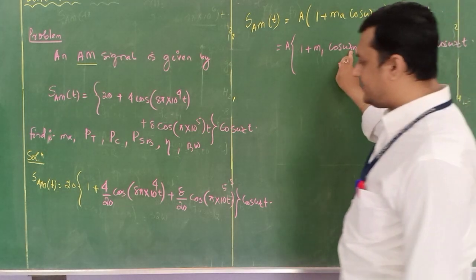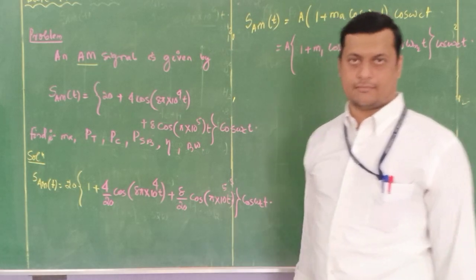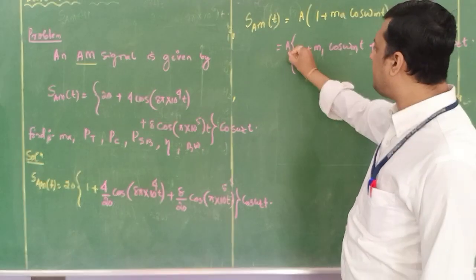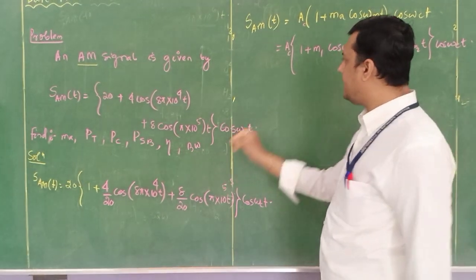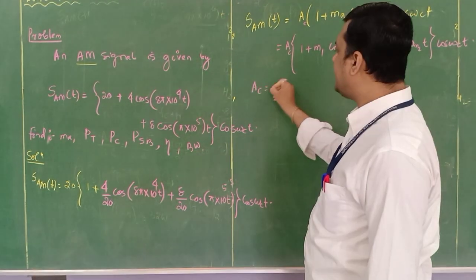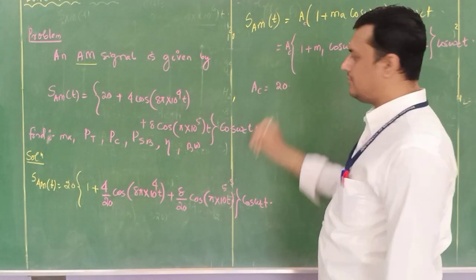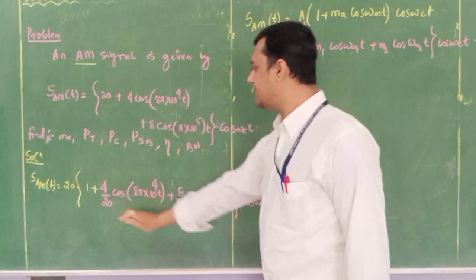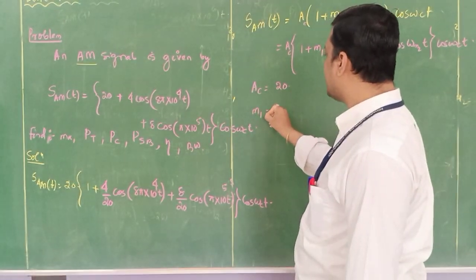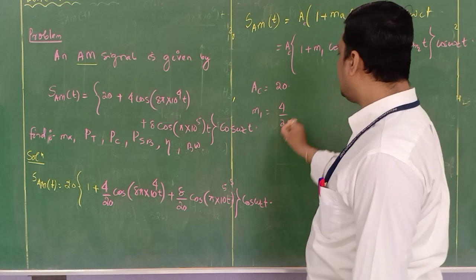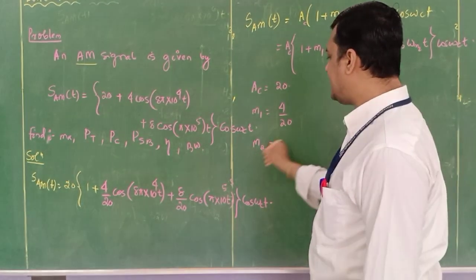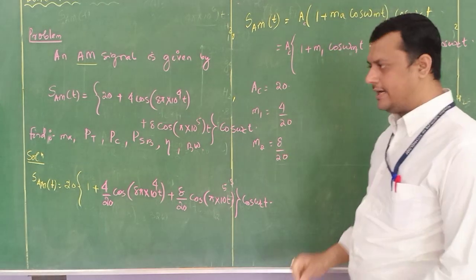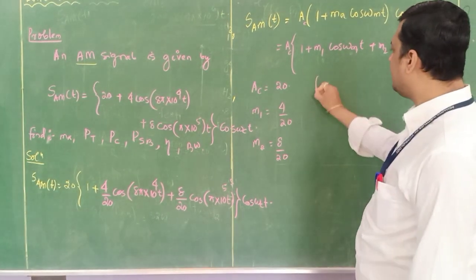Now this equation and this equation are similar. We need to identify the positions. For the carrier, if I compare here, I get AC is equal to 20. Then M1 is nothing but 4 by 20 and M2 is equal to 8 by 20. And what is F1?